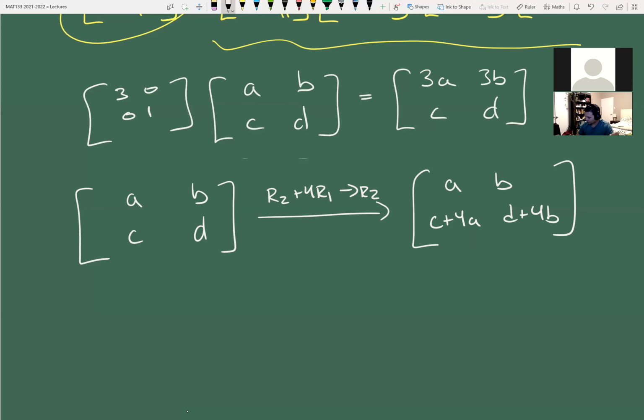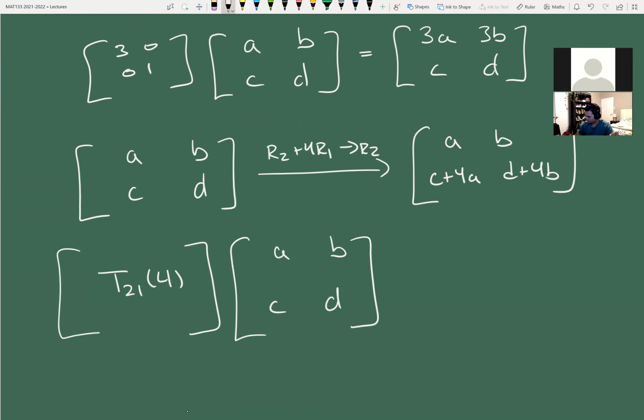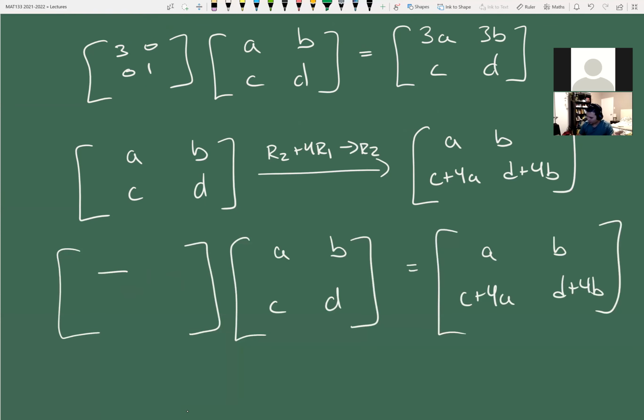Now what I want to do is replace that with T214, whatever this matrix is. It turns out that the correct answer here is this one. You can check that by doing the multiplication and seeing that it works.